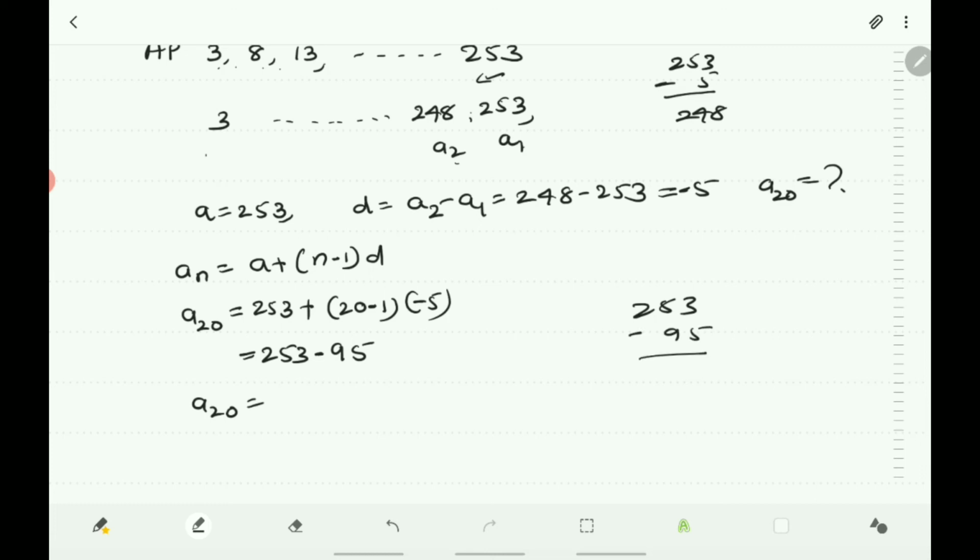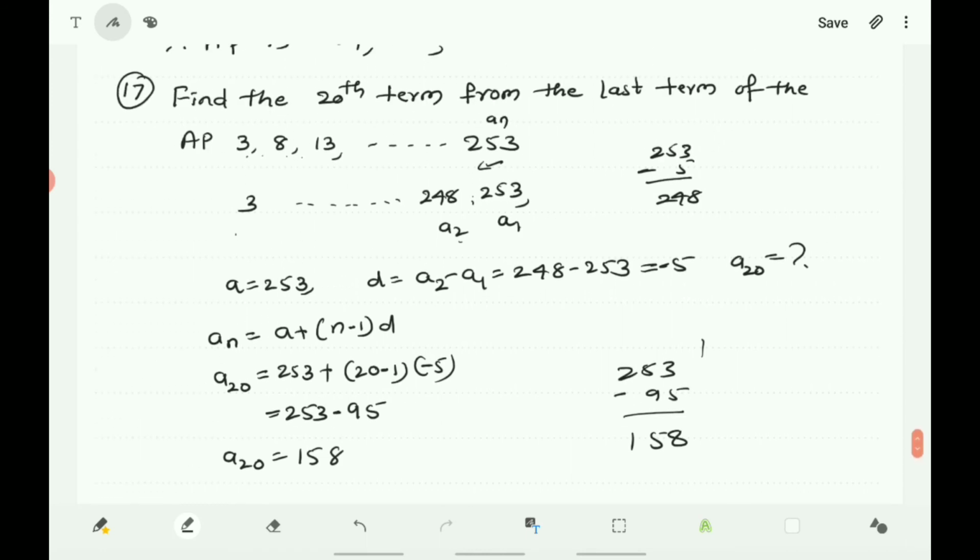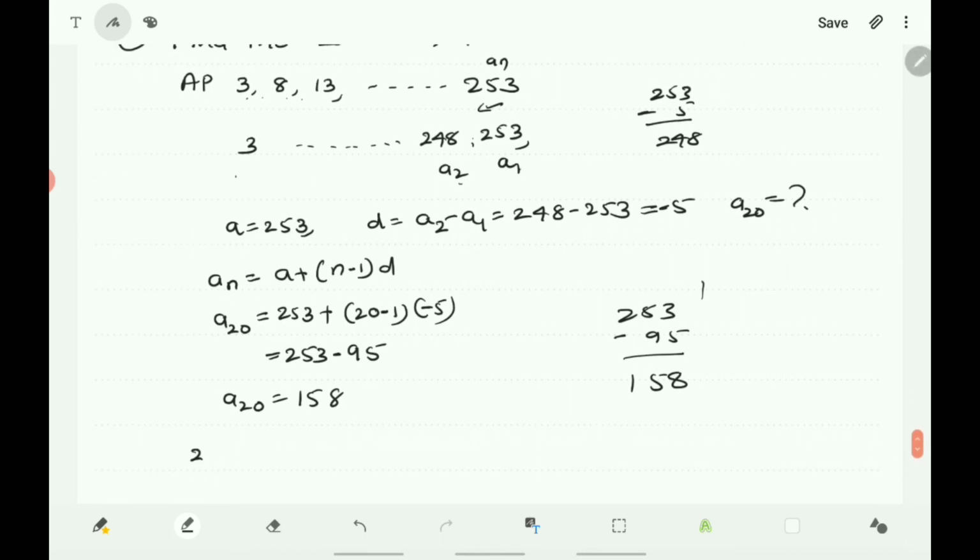That is 158. So from the last term, the 20th term is 158.